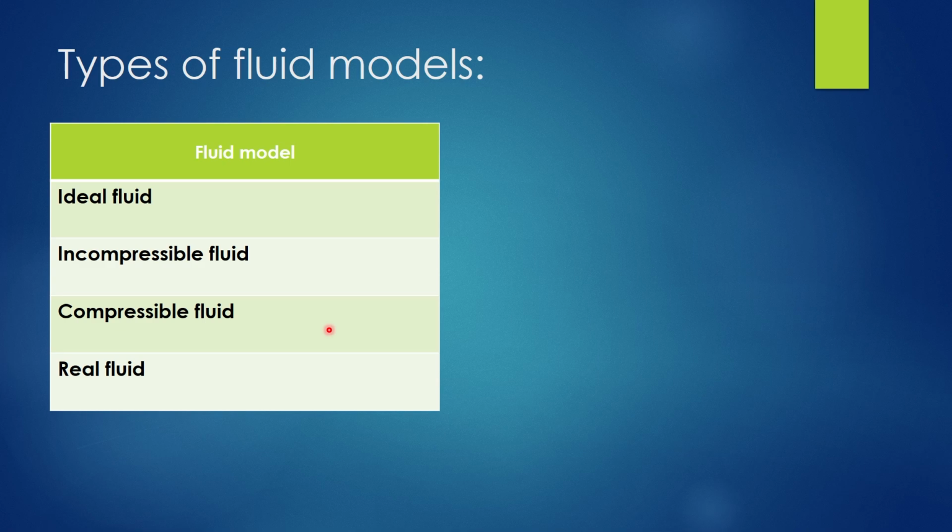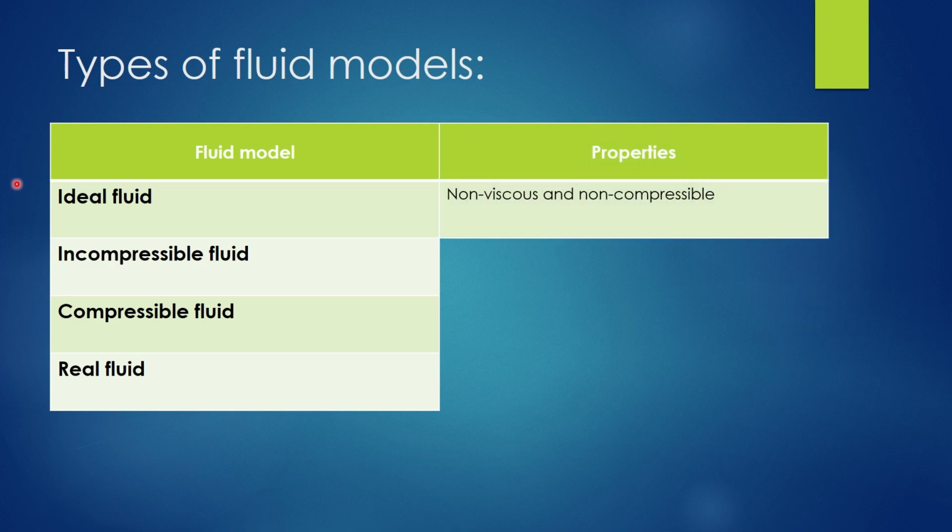We are simplifying them by neglecting a certain property to make them easier to calculate, predict, and analyze. First off, we have the ideal fluid. The properties that we neglected when incorporating such a fluid in our calculations are the viscosity and compressibility. So an ideal fluid would be non-viscous and non-compressible.